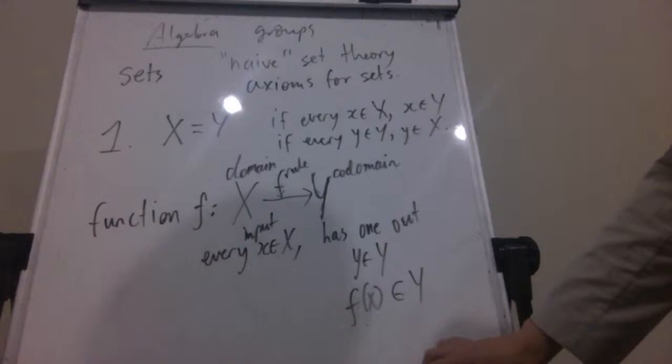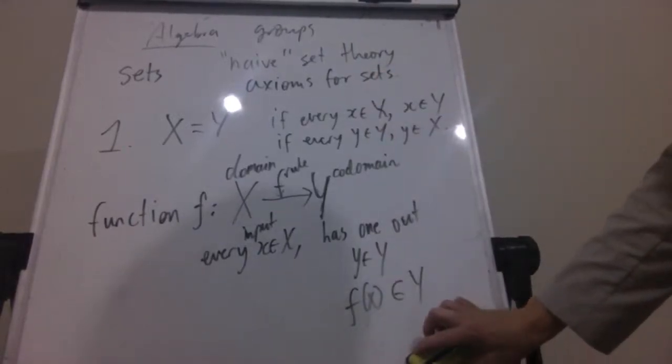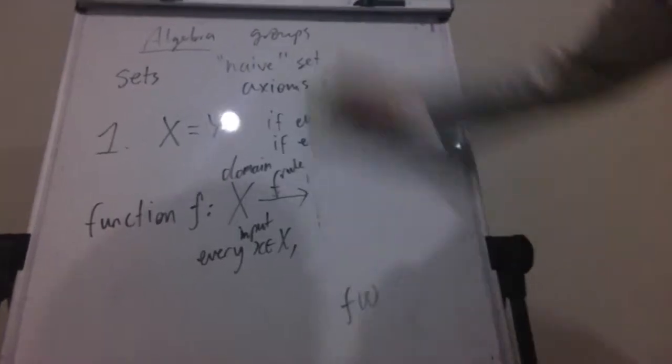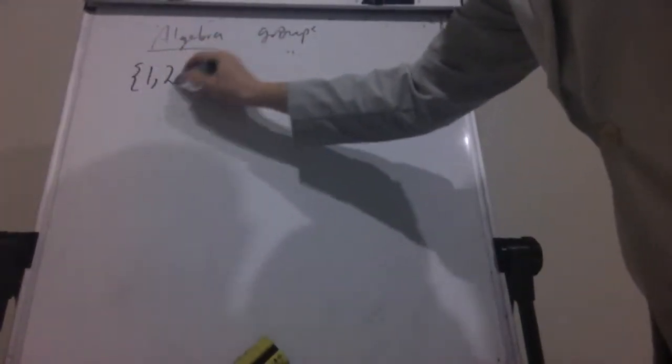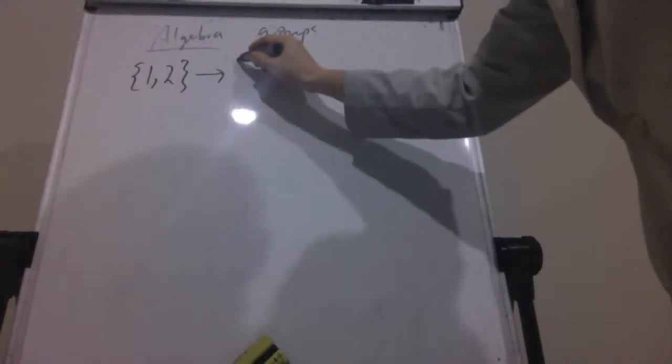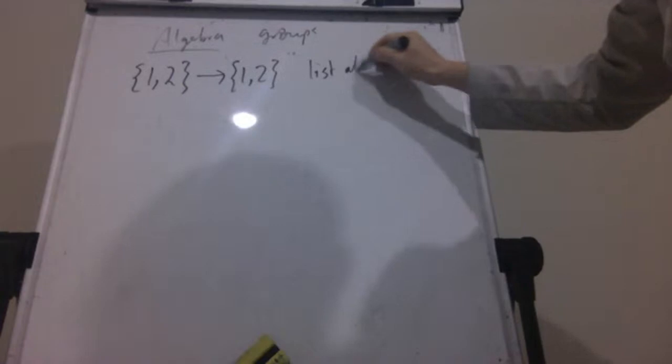Okay, so we have this definition of function and some idea of sets, right? Can you give an exercise? Can you list all the functions from {1, 2} to {1, 2}?